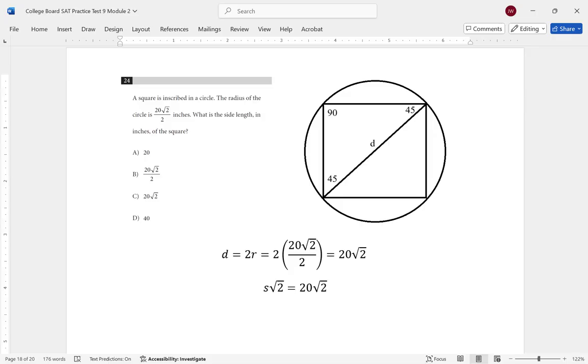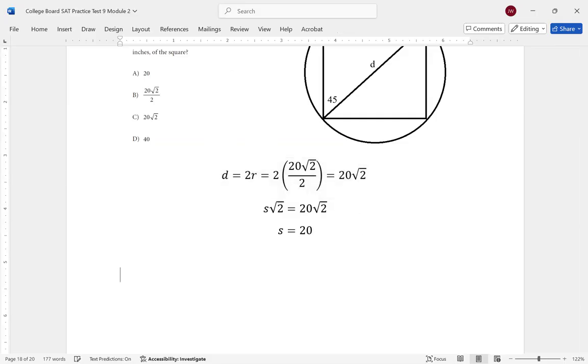And that means the side lengths of my square, which are the legs of the right triangle, is equal to 20. And that's it. That's option A, and then we'd be done.